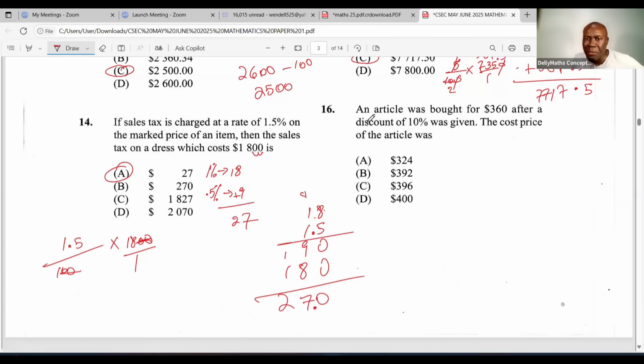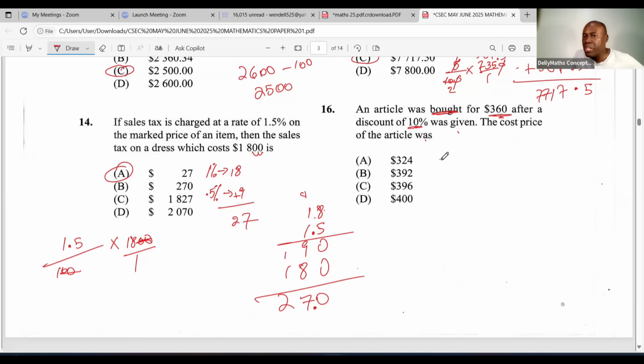All right. Number 16. An article was bought after a discount was given. The cost price of the article is what? That means you want the original. What we're saying is this is the discounted price. This is 90%. So in order to go back to the real thing, you could flip this.